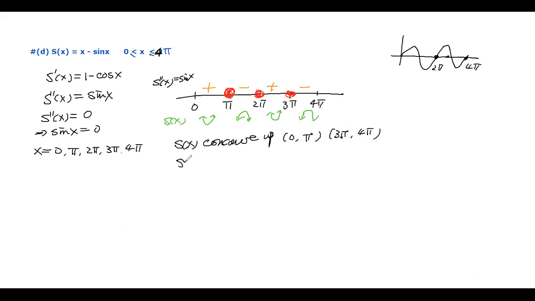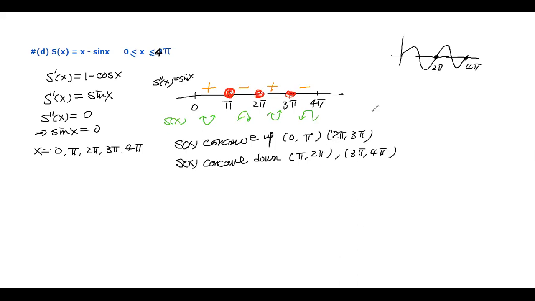And s of x is concave down... Oh, I see, I did not pay attention. So here is the concave up, so it should be 2 pi to 3 pi. Concave down is pi to 2 pi and 3 pi to 4 pi, right?